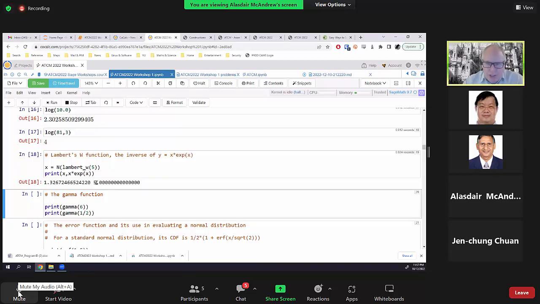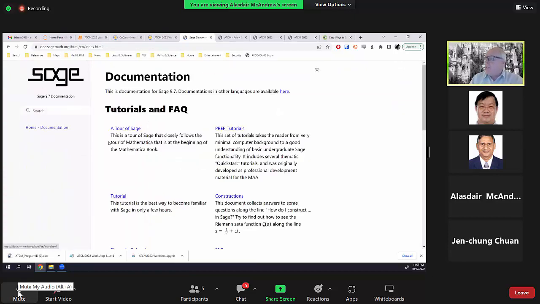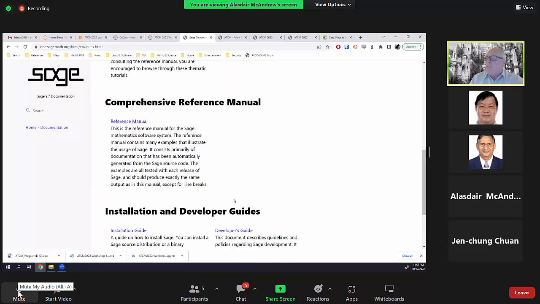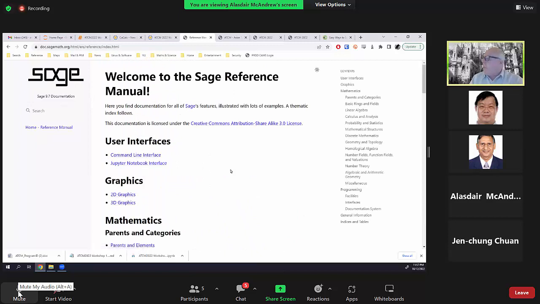I'm just showing you that to show that Sage knows quite a lot of other functions, sometimes quite obscure, sometimes fairly well known. And if you go to, I think it's the Sage documentation, let's have a look at the reference manual very quickly here. Mathematics.